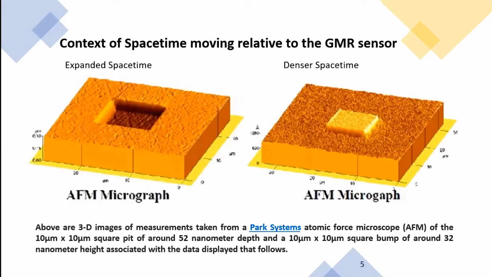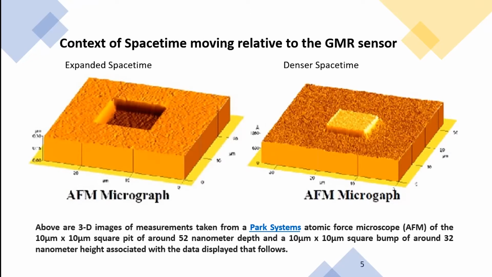Now, looking at the nano bumps and nano pits, what I'm showing here is that when we're talking about space-time, we're talking about the presence or absence of matter moving relative to this sensor.